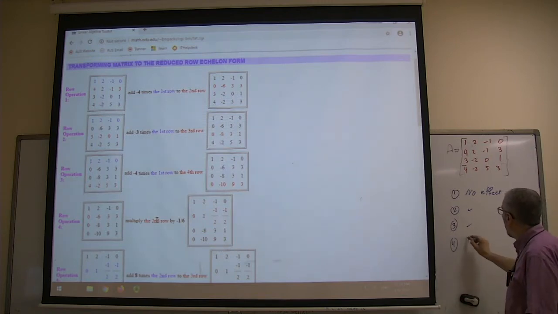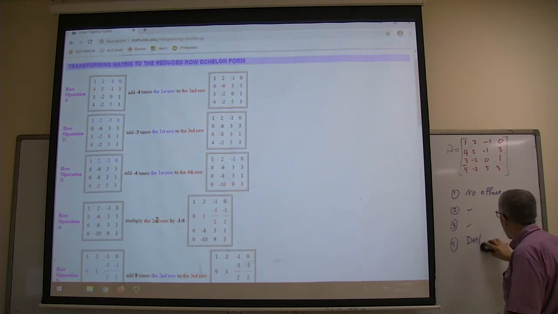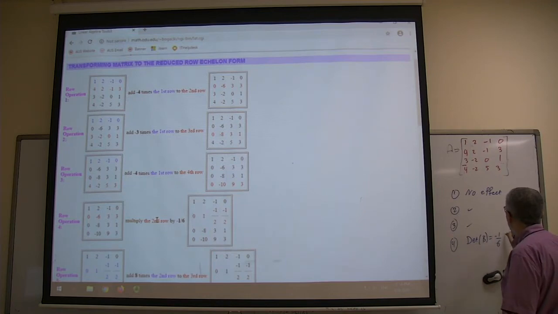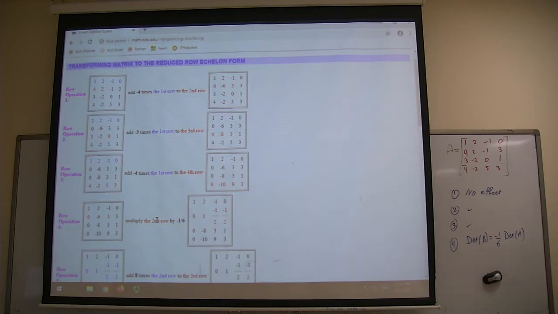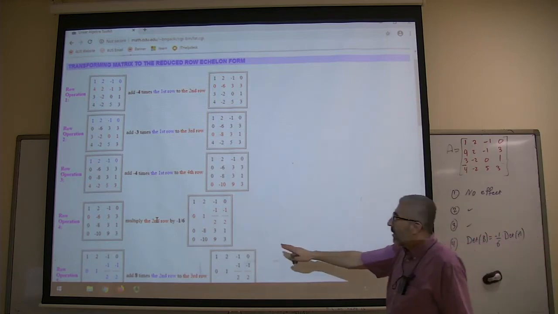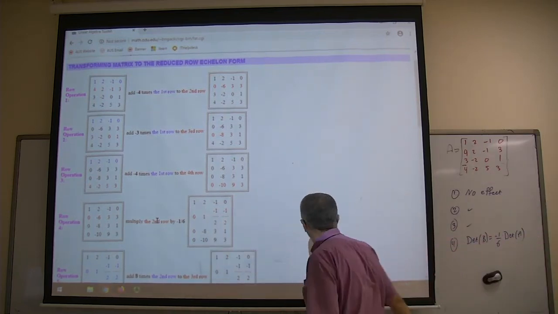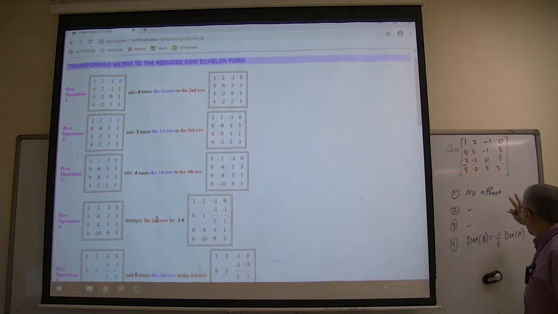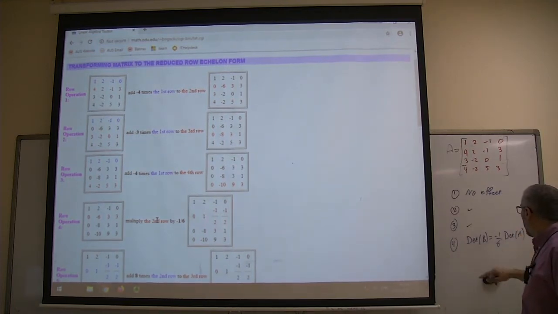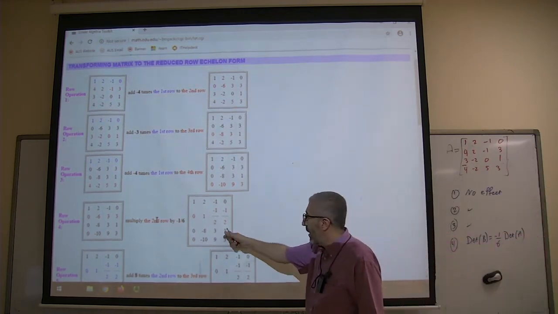It means the determinant of B is going to be negative 1 over 6 times the determinant of A. So this is the effect of this step.